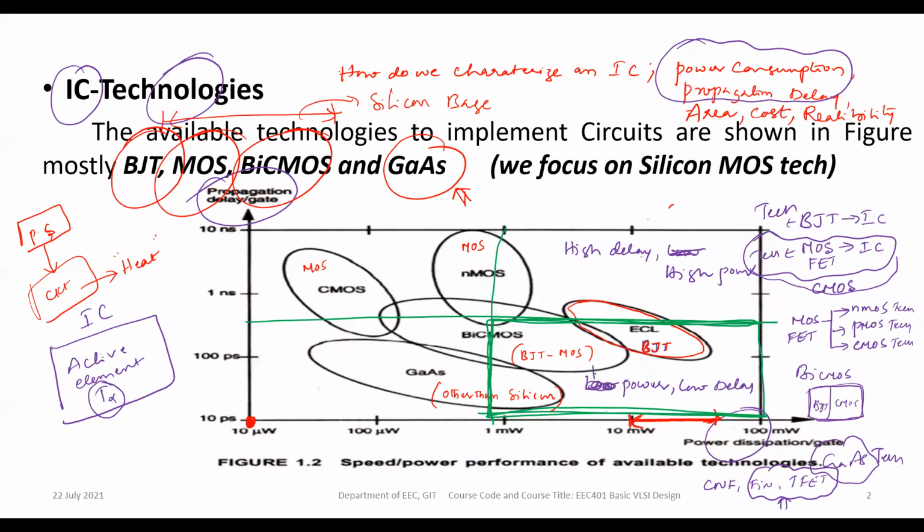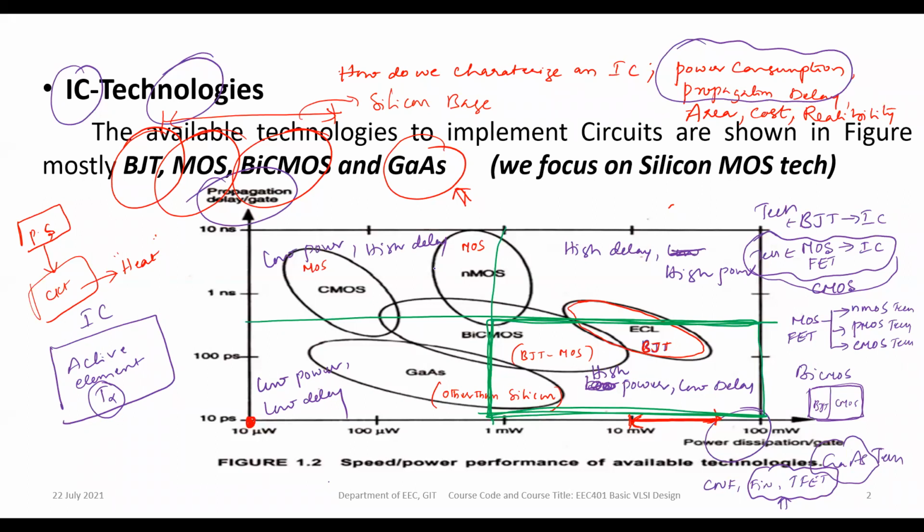Power is high in this region. So the first quadrant here is low power as well as low delay. What about here? Low power, high delay. Do you agree with me on this kind of differentiation?